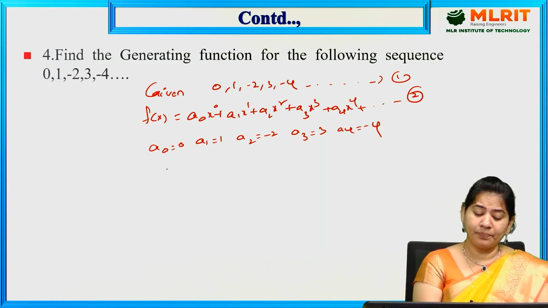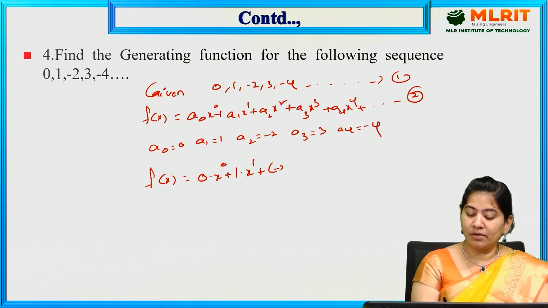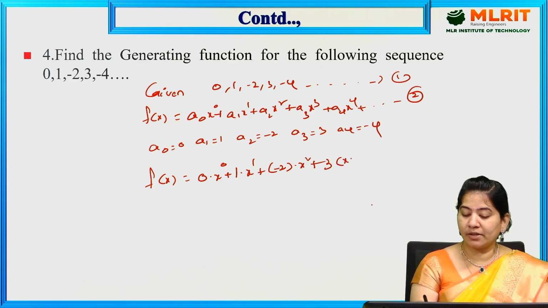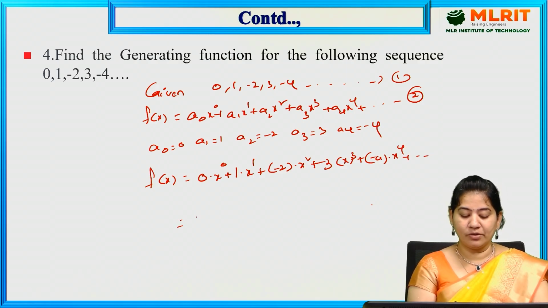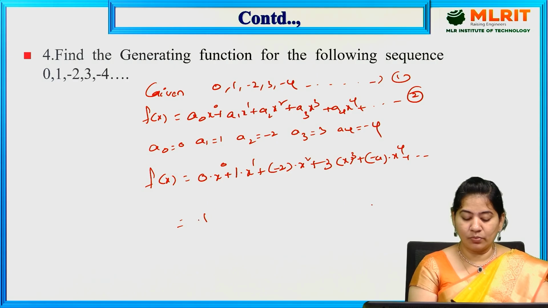So now if you substitute these values in equation 2, you will get f of x is equal to 0 into x^0 plus 1 into x^1 plus minus 2 into x^2 plus a3, which is 3, into x^3 plus minus 4 into x^4, and so on. As usual, we get 0 here, so we just remove it, and 1 into x is x.